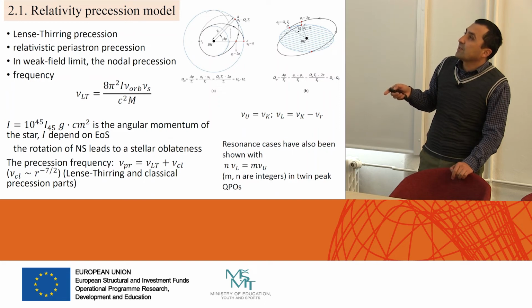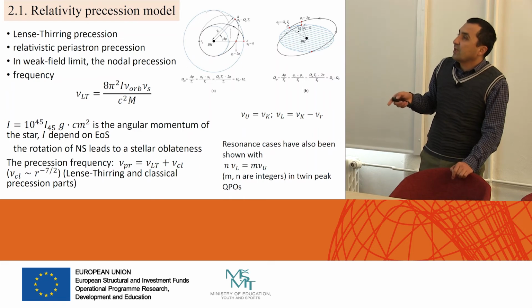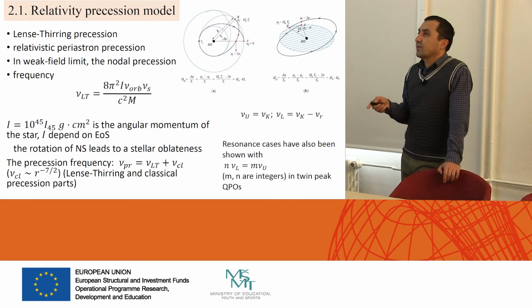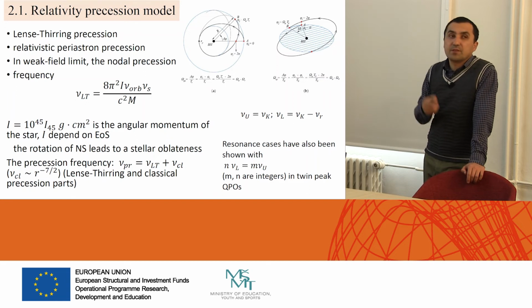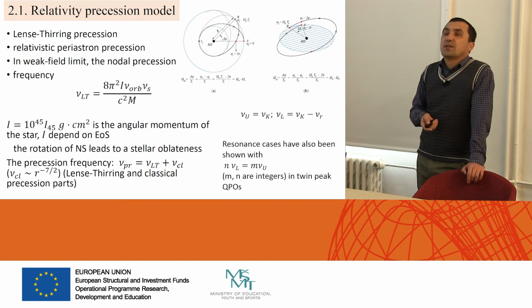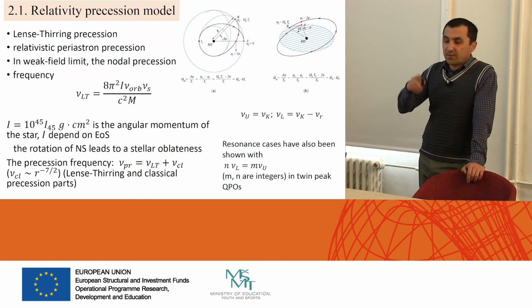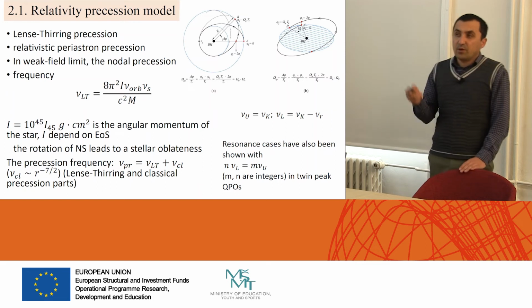can be calculated as orbital frequencies, and this J is the angular momentum of the star. For the star, it is about typical neutron star values. Typical means the mass of the star is 1.4 times larger than the solar mass, and the radius of the star is about 10 kilometers.